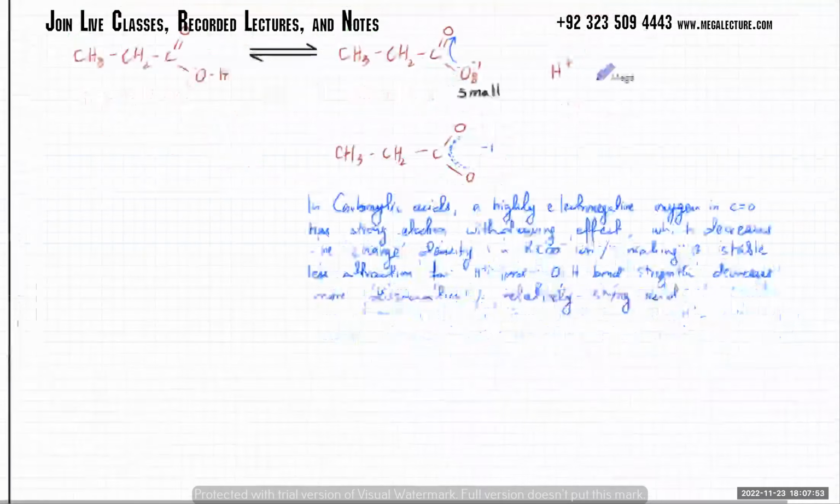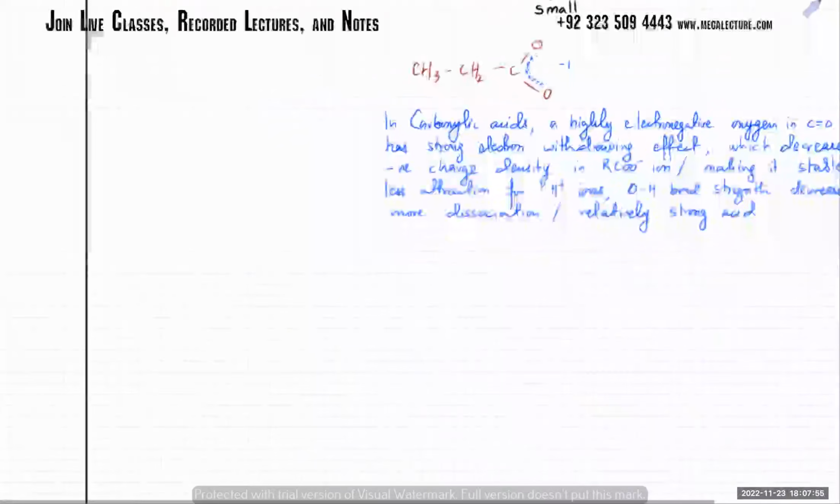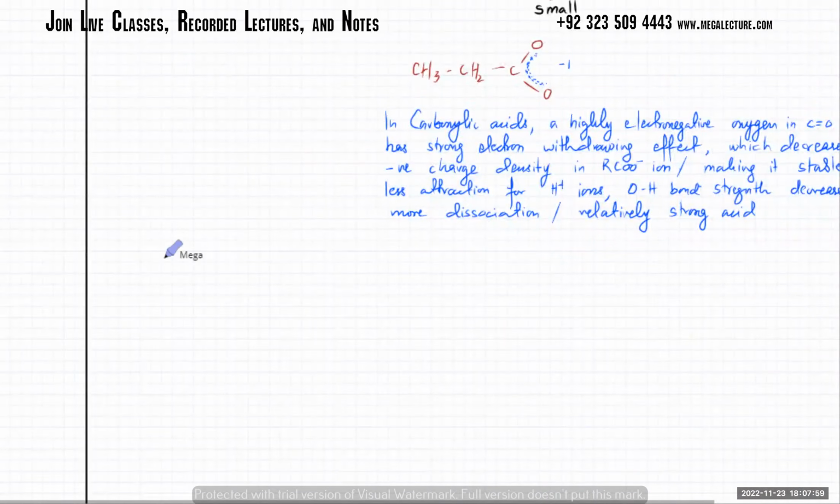So the first thing is within carboxylic acid they talk about the length of the carbon chain and its effect on the carboxylic acid.